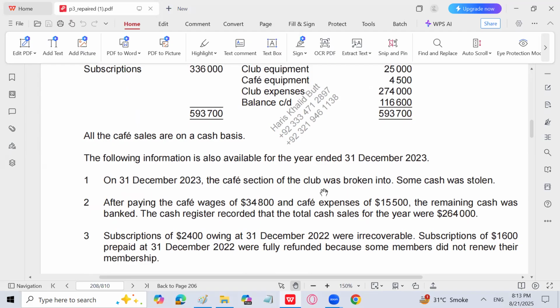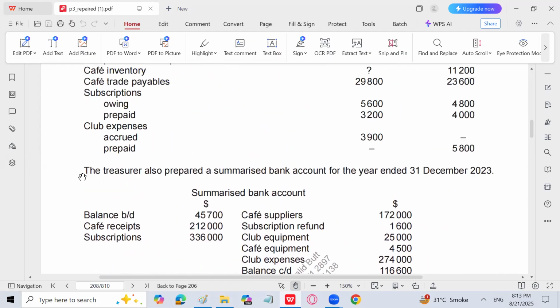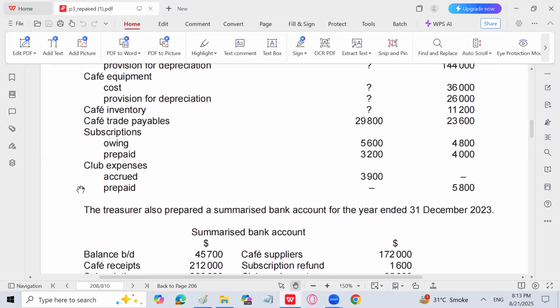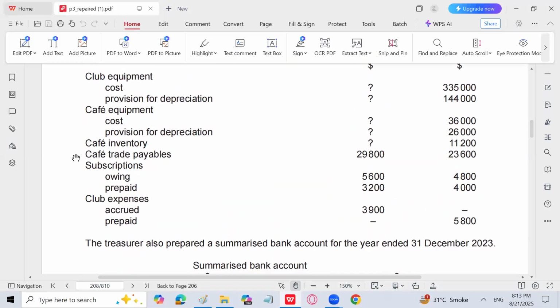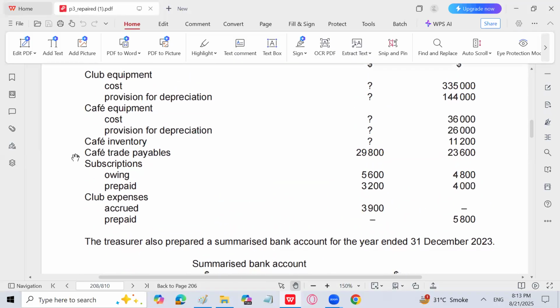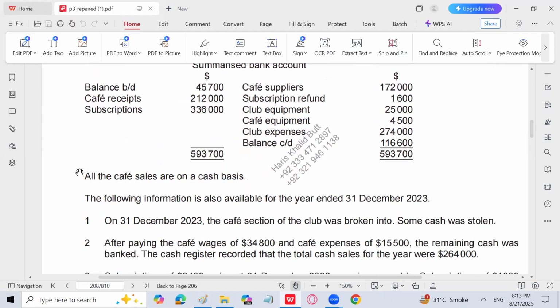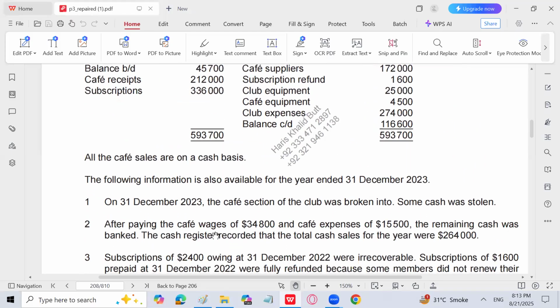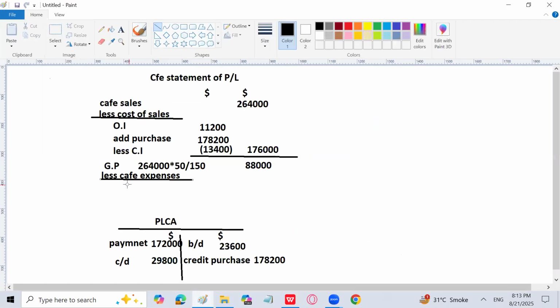So I can write the cafe wages and cafe expenses. Let's see if there are any opening or closing expenses given for any cafe wages or cafe expenses. No, there is no opening or closing. It is for club. It is for subscription. We can write it directly and easily that cafe wages are 34,800 and cafe expenses are 15,500. So let's write it down.